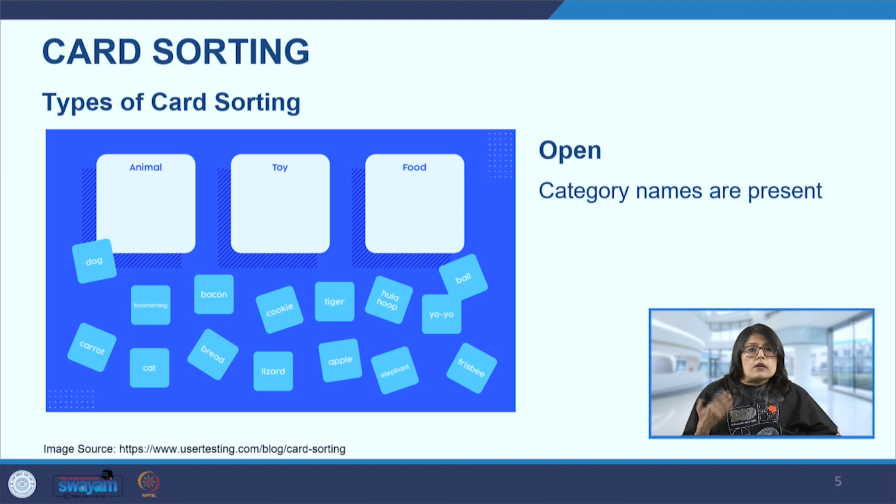So it tells us how their mind is operating, and also to find out if there are groups in our audience that perceive the content differently, and therefore whether they are grouping the cards in a different manner than what we expected. So all these insights, if one requires, then this method of card sorting is more appropriate.